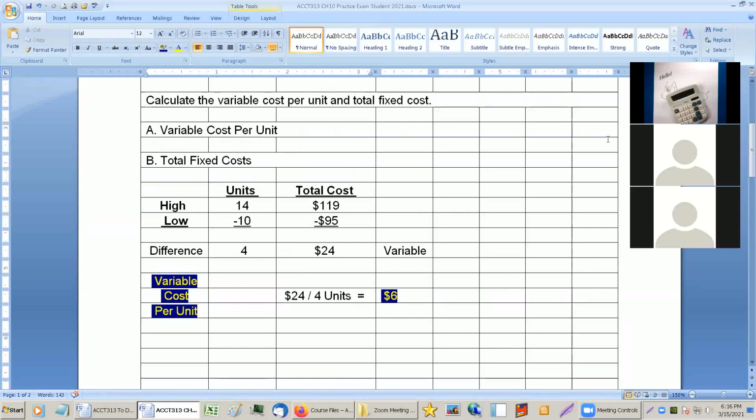I'm going to copy that. There, that's a little more friendly. Let's do a little lighter blue.